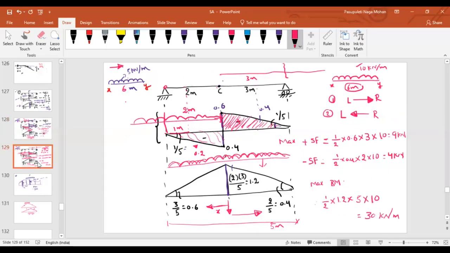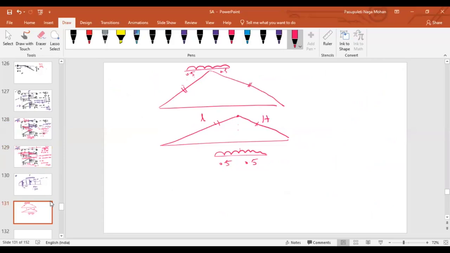But in the present case, as the UDL length is more than the length of the beam, we can place our entire load on the beam such that we get the maximum bending moment. So the cases that we should be thorough about: L represents the length of the beam, and let us say L dash represents the length of the UDL.